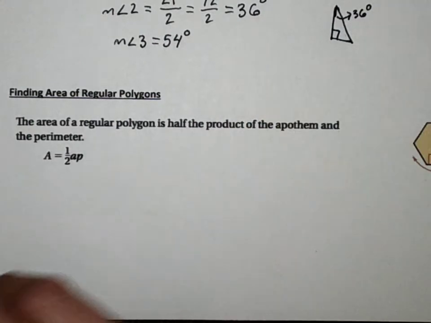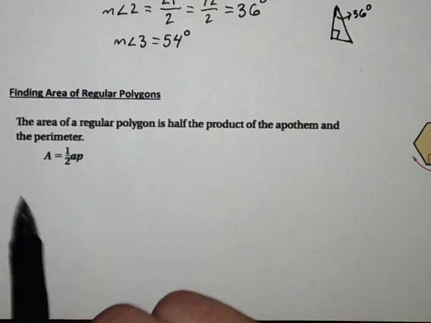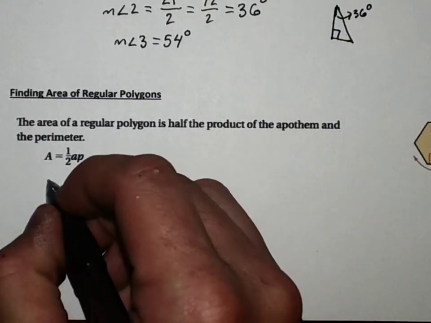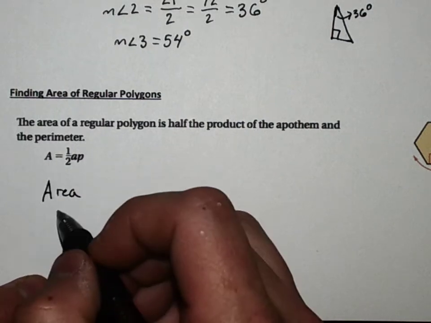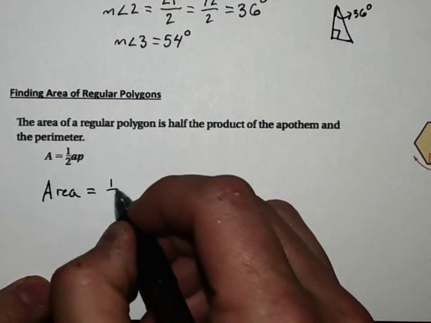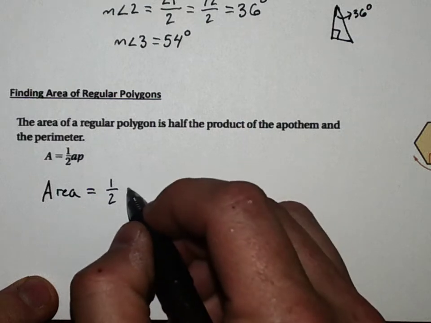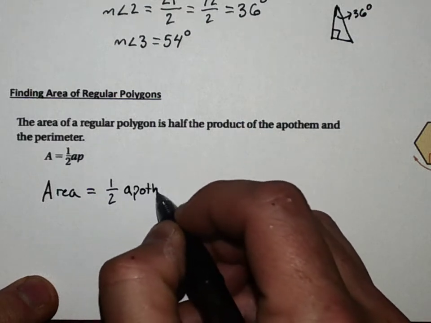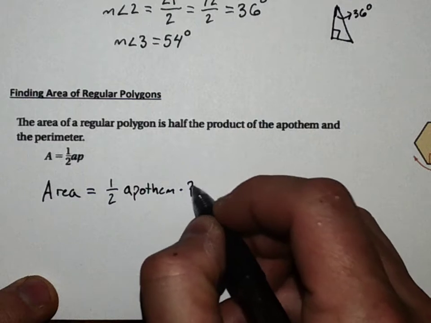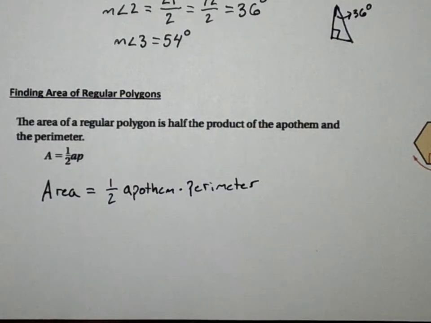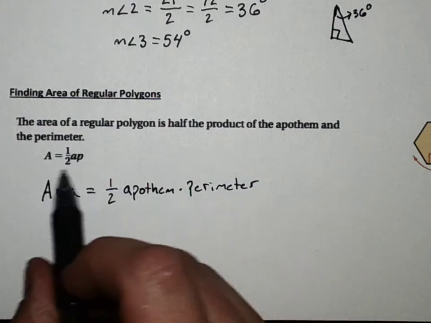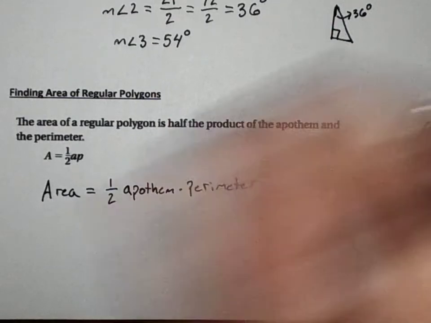The area of any regular polygon, capital A for area, equals 1/2 the apothem times the perimeter. That is the equation: 1/2 a times P.